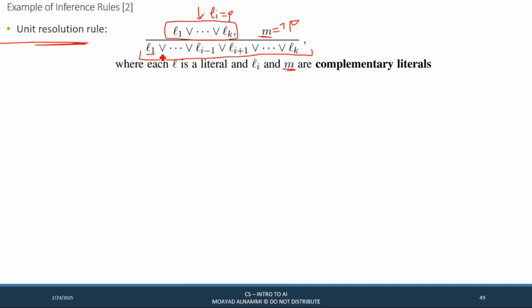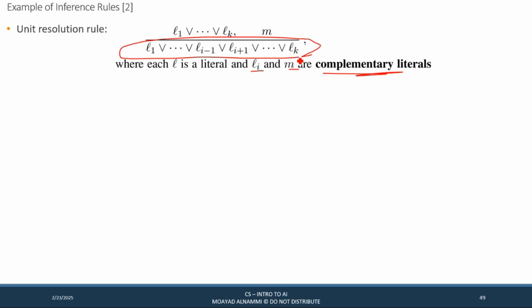What you notice is you have L1 to Li minus 1, and then Li here is removed. And then you have Li plus 1 all the way up to Lk. So in other words, these two literals cancel each other out from the disjunction. Okay? So if you have two literals, Li and M, and they're complementary, you can conclude a disjunction of literals where you cancel those literals out.